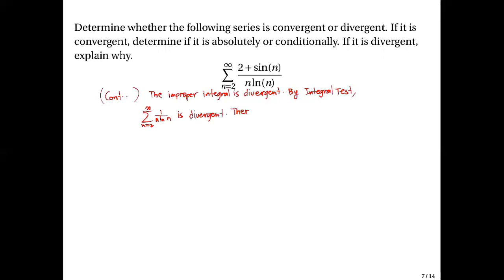Therefore, by the comparison test, the original series, the series of 2 plus sine n over n ln of n from 2 to plus infinity, is divergent.